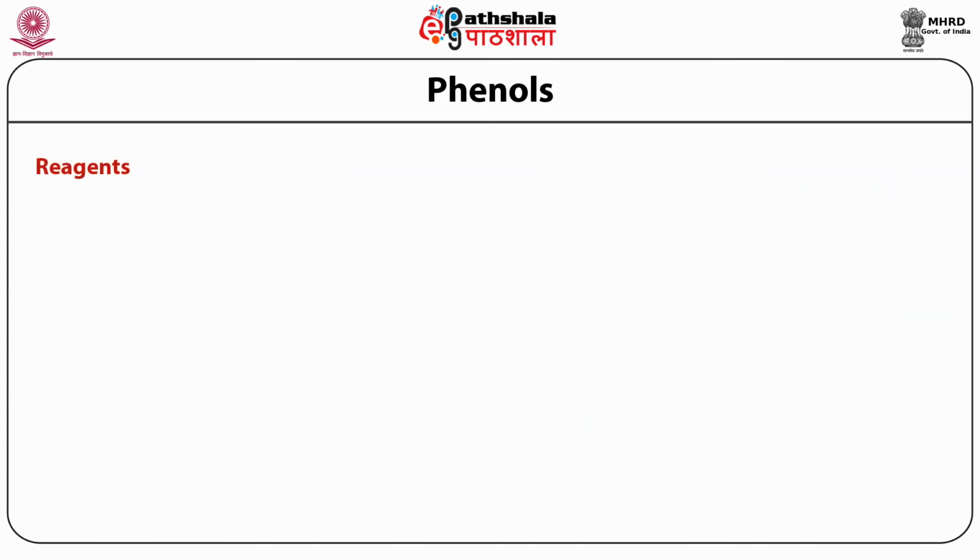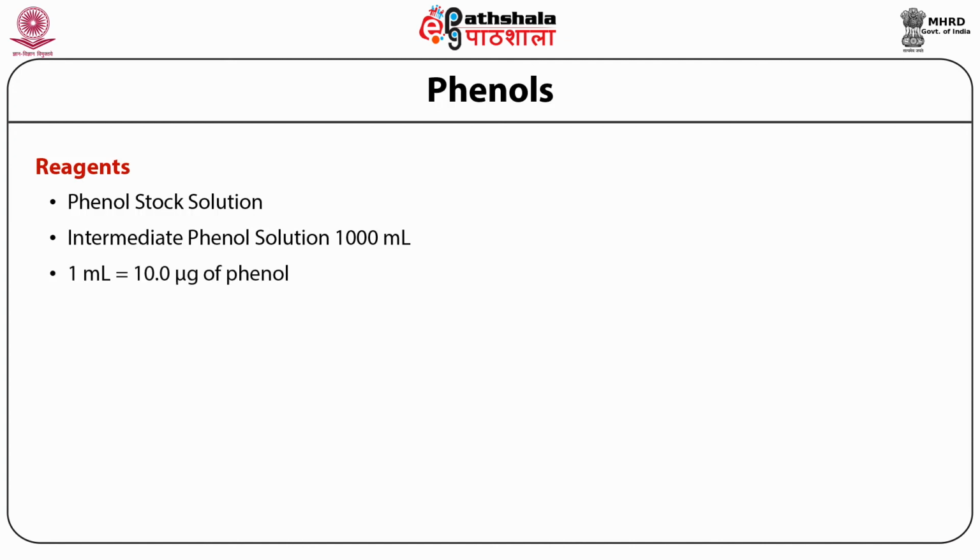The reagents used for the phenol determination include the phenol stock solution, which is prepared by dissolving 1 gram of phenol in freshly boiled and cooled distilled water and diluting to 1000 ml. The intermediate phenol solution is prepared by diluting 10 ml of the stock phenol solution in freshly boiled and cooled distilled water to 1000 ml. 1 ml of this solution contains 10 micrograms of phenol.